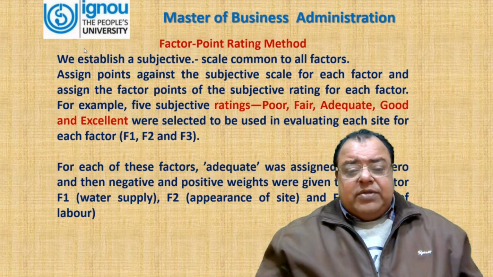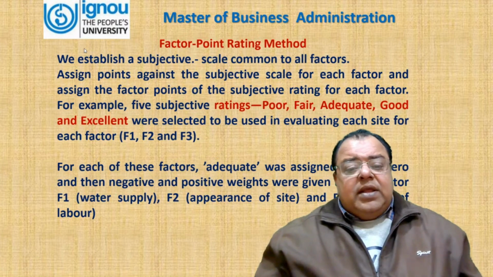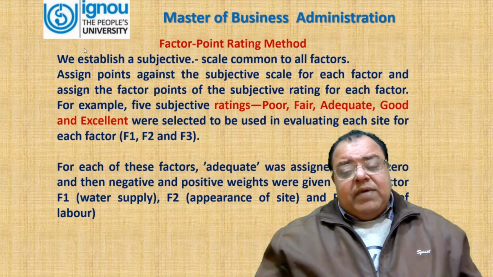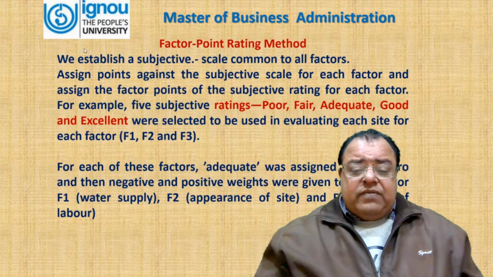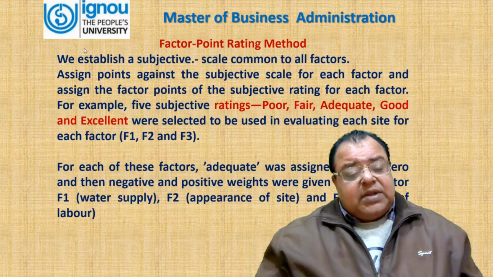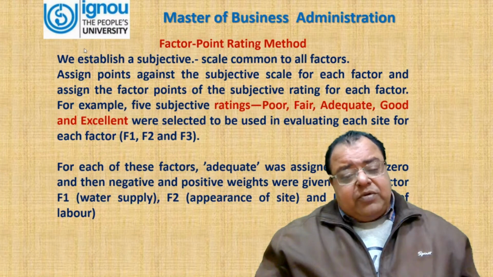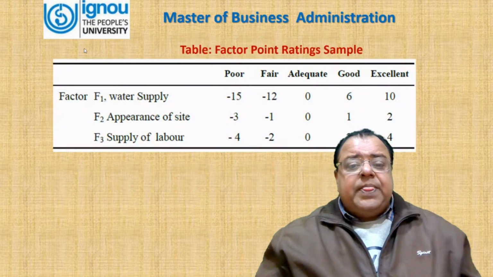For example, five subjective ratings, poor, fair, adequate, good, and excellent, were selected to be used in evaluating each site for each factor. For each of these factors, adequate was assigned a value 0, and then negative and positive weights were given to each factor. F1, water supply, F2, appearance of site, F3, supply of labor.